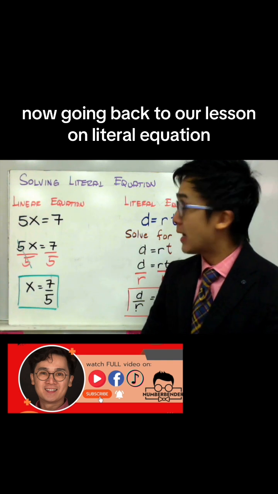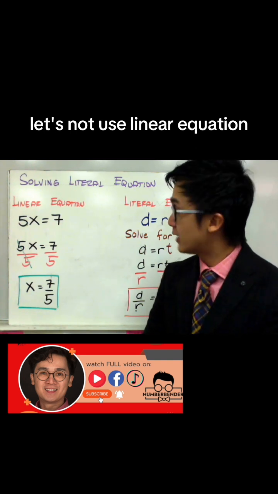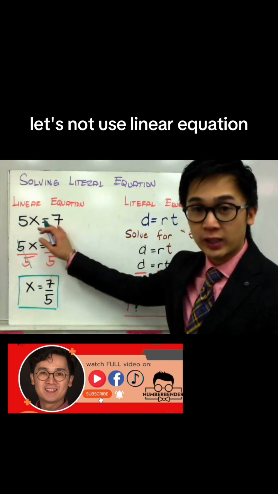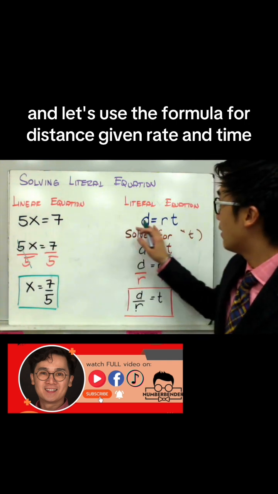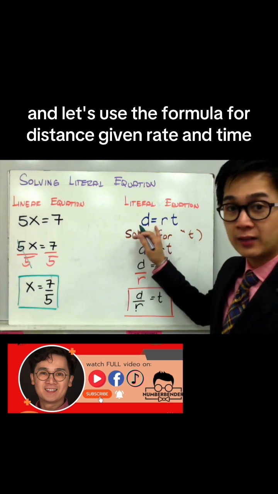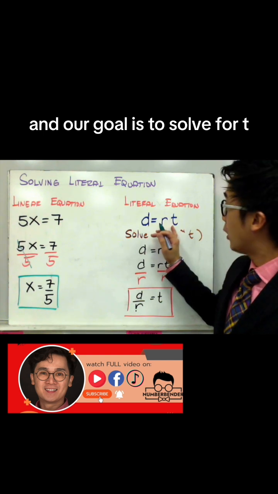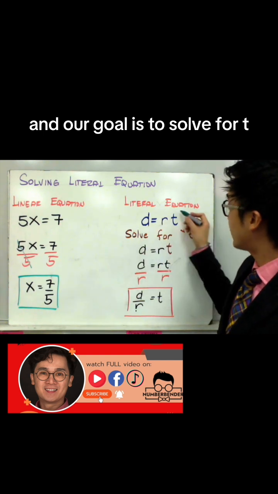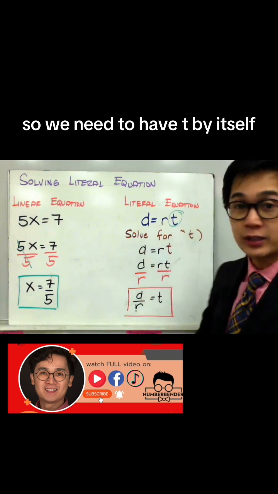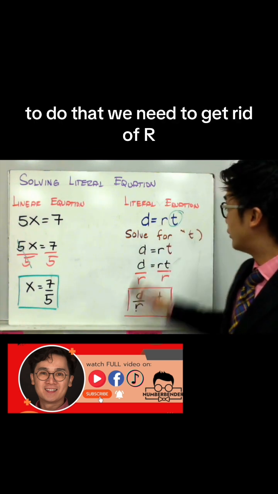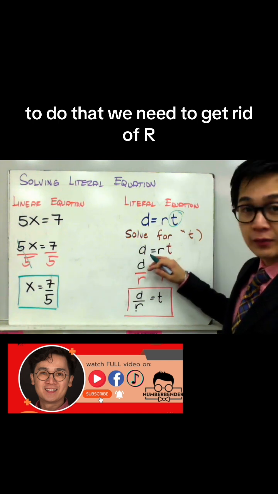Now, going back to our lesson on literal equations, let's use the formula for distance given rate and time. If you have d equals rt, and our goal is to solve for t, we need to have t by itself. To do that, we need to get rid of r.